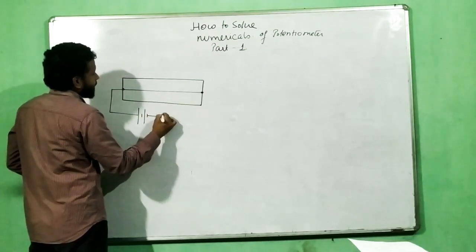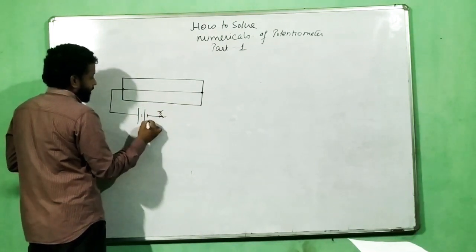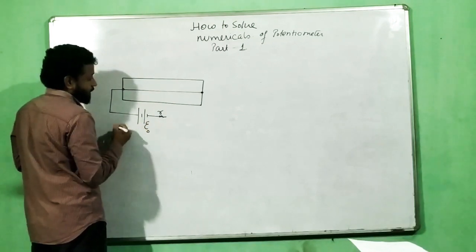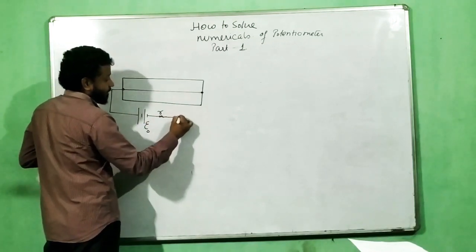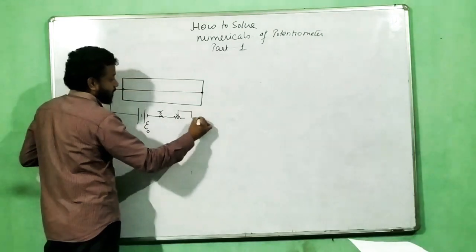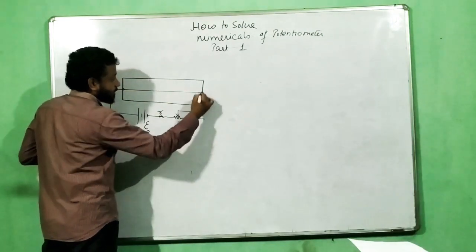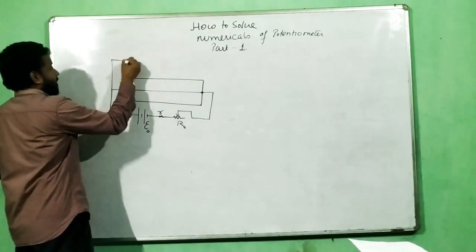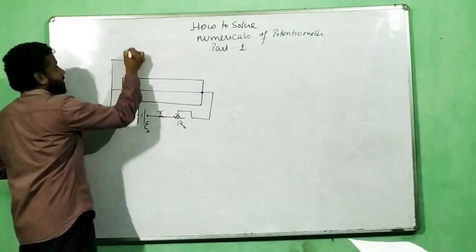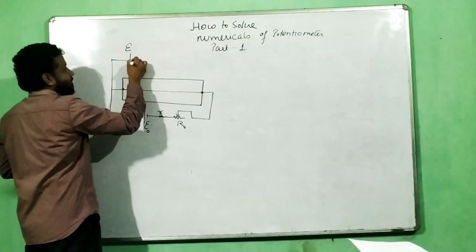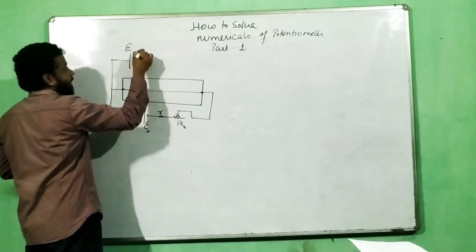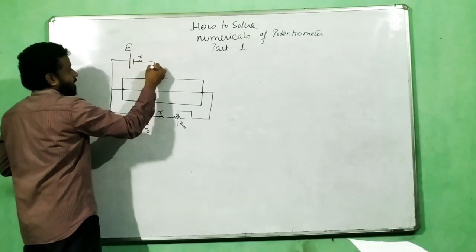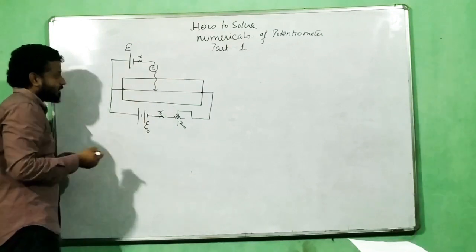It may have internal resistance, it may not have, it's totally up to you. This is E naught. And then we have a rheostat. Let us say that the value of the rheostat is R naught. This is your unknown EMF, let us say, or known EMF, whichever way it is, and this is your internal resistance r. This is the balancing line.